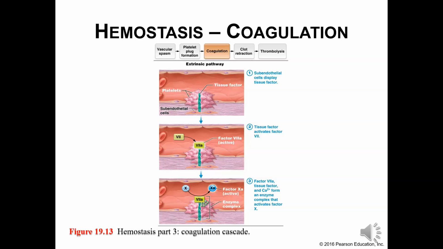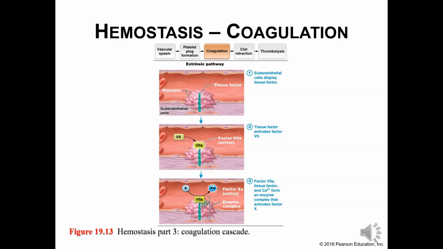So first, your subendothelial cells display tissue factor, as you can see here. These are your subendothelial cells, and here's your vessel. Then the tissue factor activates factor 7.